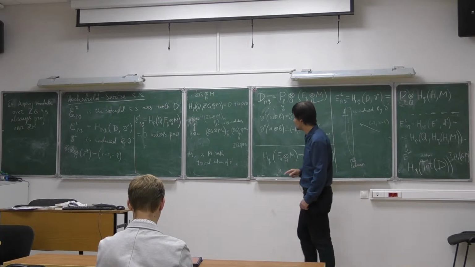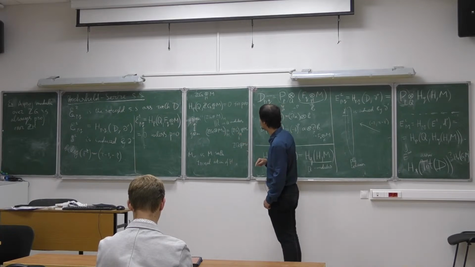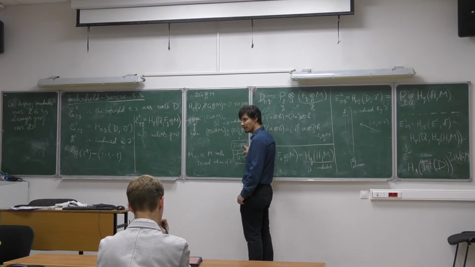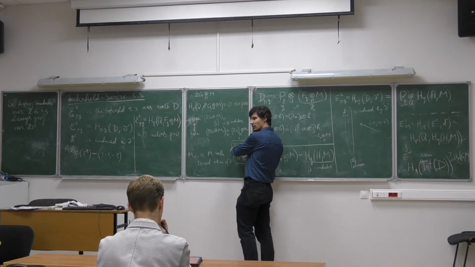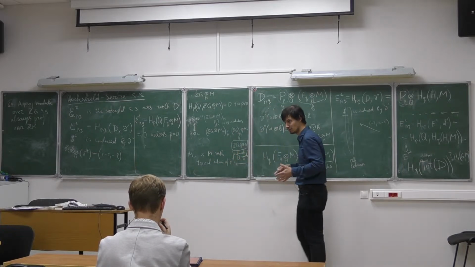So we see that this module is called an induced module, an induced Q-module. What does it mean? It means that we have an abelian group and we tensor it over Z with a free Q-module. Such modules are called induced.